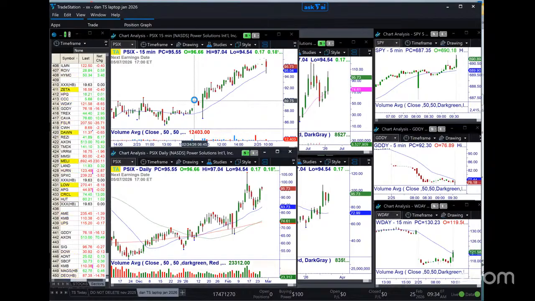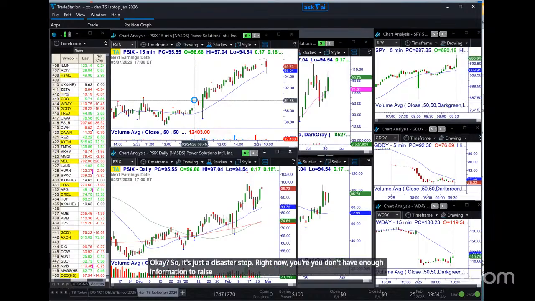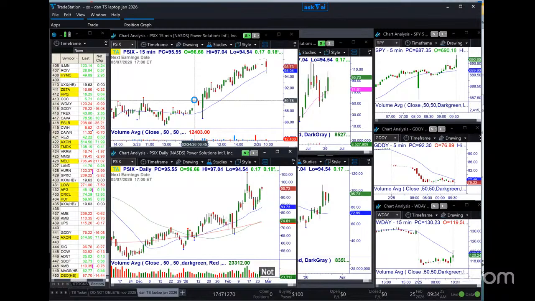No, I'm not assuming it's going to go down there. I'm saying it should not go down there. Okay. So it's just a disaster stop. Right now, you don't have enough information to raise the stop. Not for a swing trade.